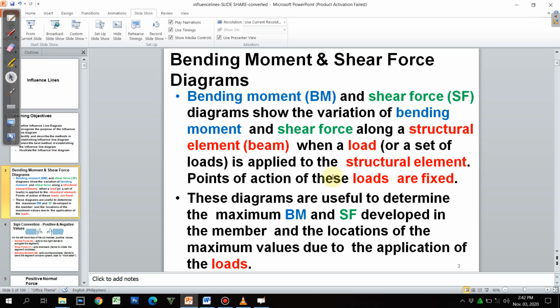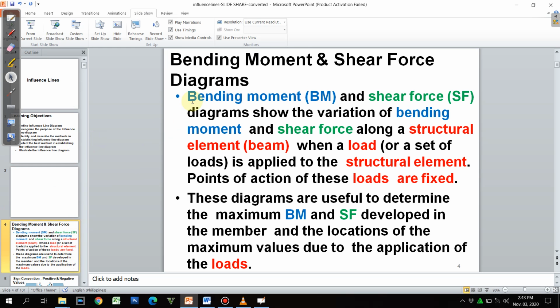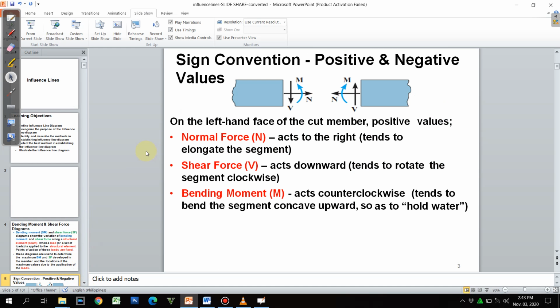So these diagrams are useful to determine the maximum bending moment and shear force developed in the member and the locations of the maximum values due to the application of loads. We have also gone through the sign convention in terms of the shear, the moment, and the normal force.